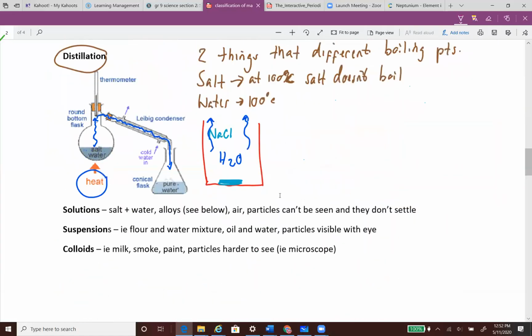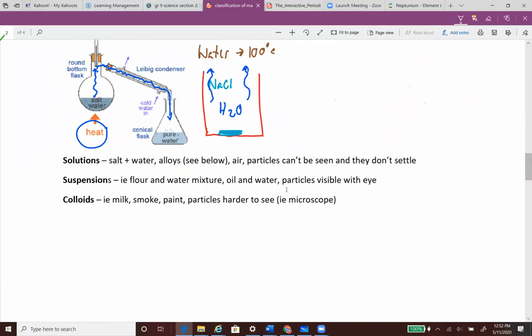So how do we distinguish the three? A solution, we said, is something where everything looks the same. We said it's homogeneous. Here are some examples. We talked about salt and water, or salt water. Air, interestingly enough, is also a solution.